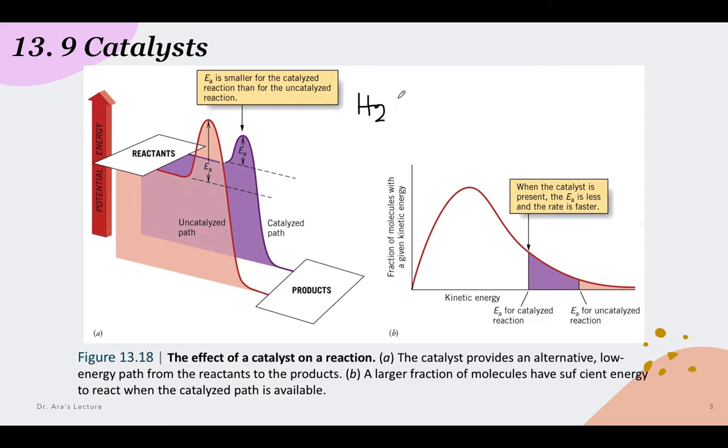Decomposition of hydrogen peroxide is really a very slow process, especially in the uncatalyzed situation. But if we add some catalyst, it works much faster than the uncatalyzed situation. So this is actually the reaction.